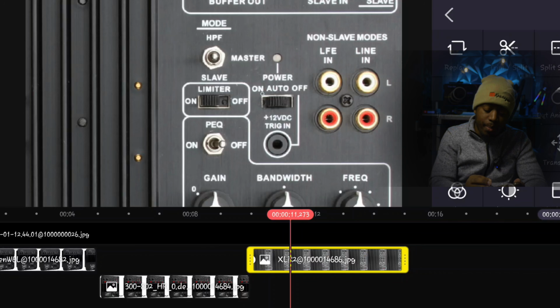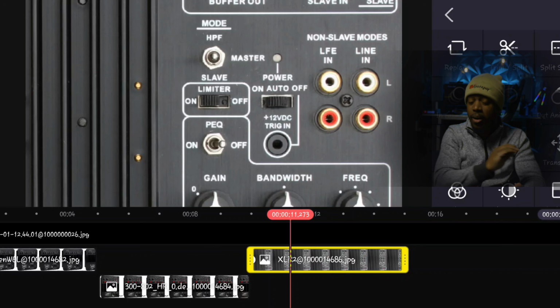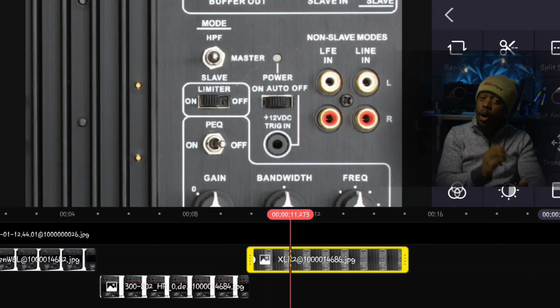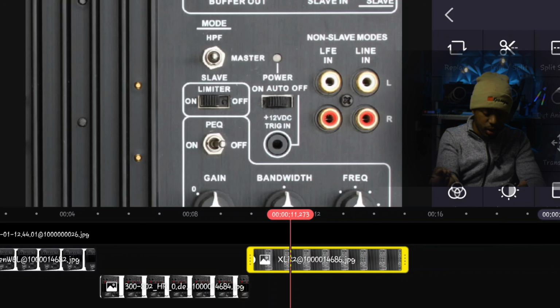You also, again, have your power on, auto, or off. You now have an on mode here. This is dedicated on, stays on all the time. You can turn it off all the time, or you can leave it on auto sensing mode if you like to. So now you have your 12 volt DC trigger in. Let's say you want the sub to turn on and off with your receiver. So every time you turn off the receiver, it automatically turns off the sub. You can turn on the receiver, it automatically turns on the sub.